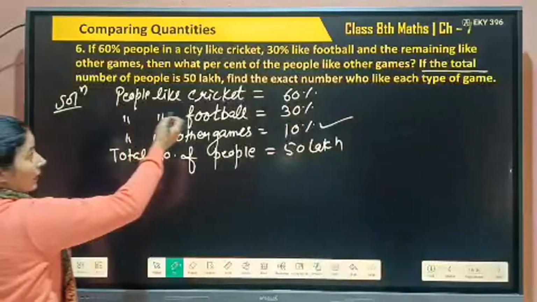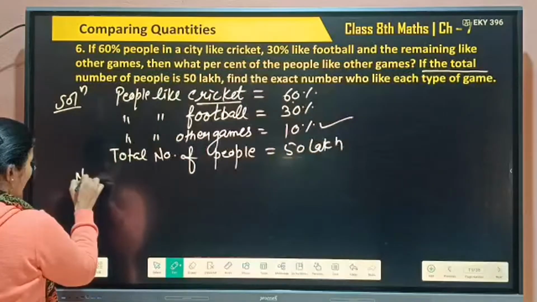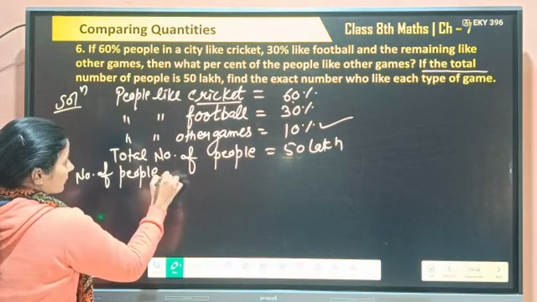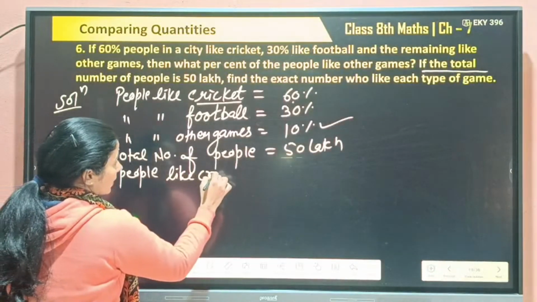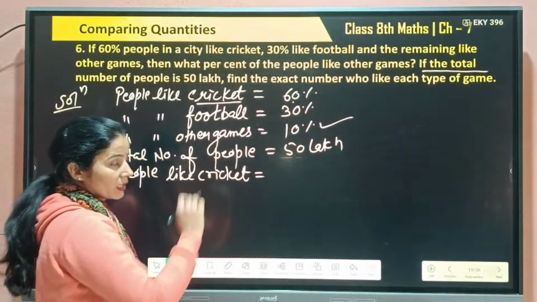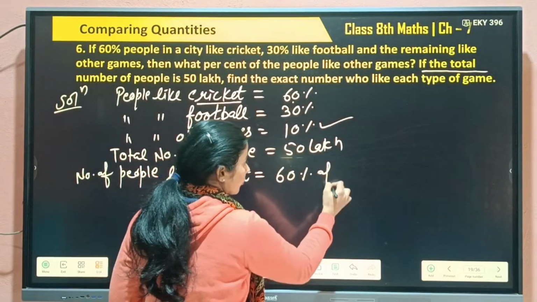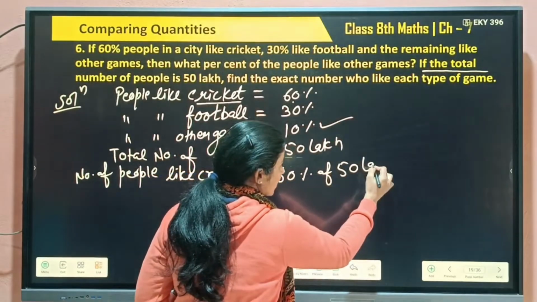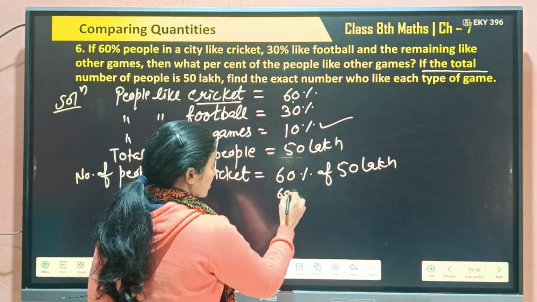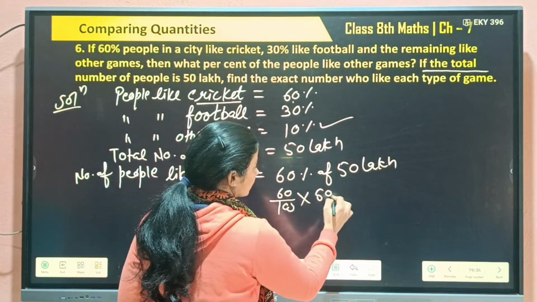Now, people who like cricket are given in percentage. This time we need to find the exact number of people. So we can find 60% of 50 lakh. Easily we can find 60 by 100 into 50 lakh.